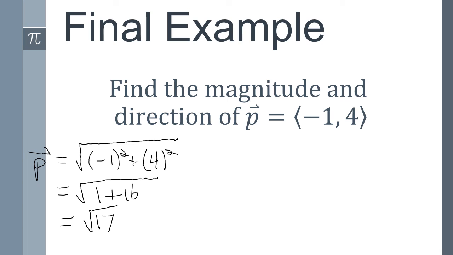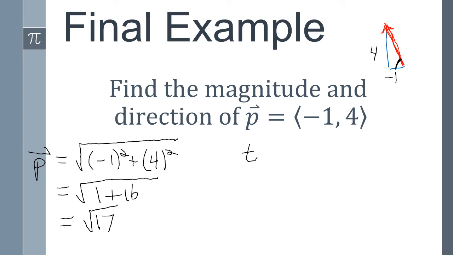We're going to say it goes 1 to the left and up 4. So our vector, this time in red, is going like this. It's on this angle here. This is 1, and this is 4. We can leave the negative off, and this is where theta is going to be.